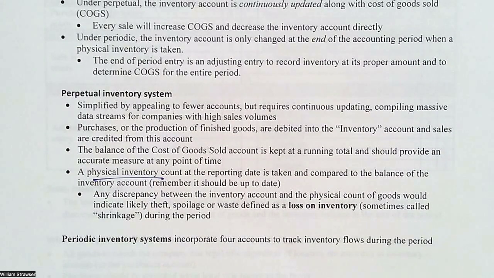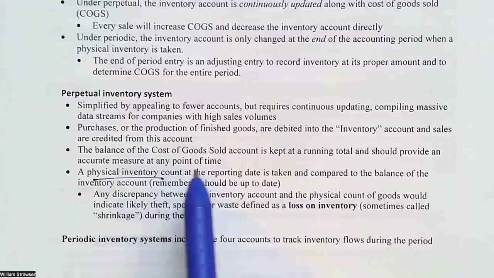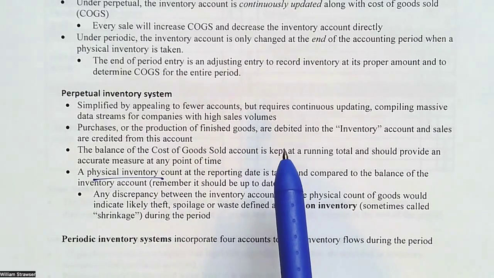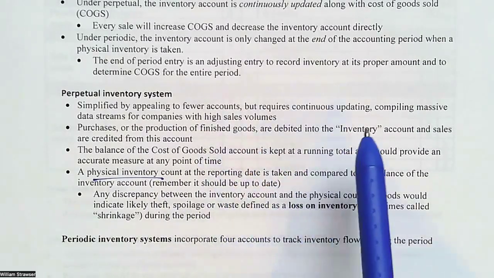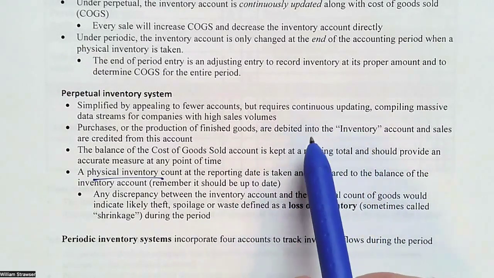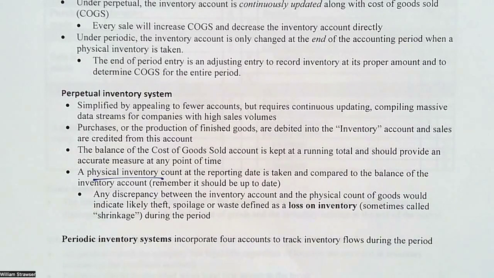The advantage of the perpetual system is that since we have a continuously updated cost of goods sold and inventory account, because we're always updating those two things as we're making purchases, selling items, and so on, then what we count in the physical inventory versus what we think we should have based on our accounting, we can get a sense of how much was perhaps stolen or spoiled, went bad, rotted, if you're talking about produce.